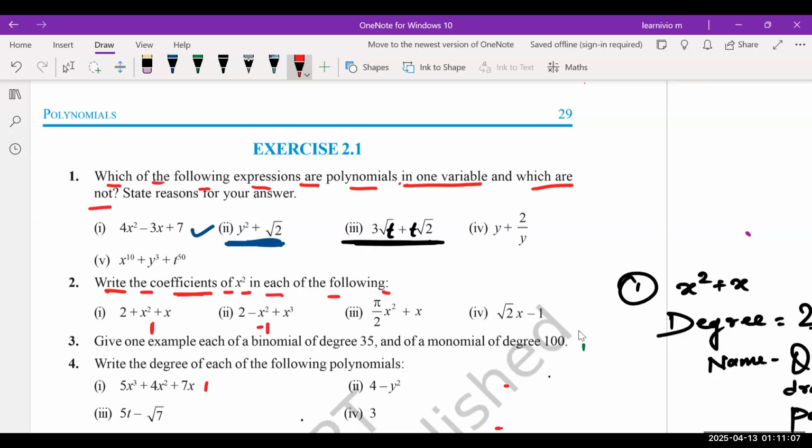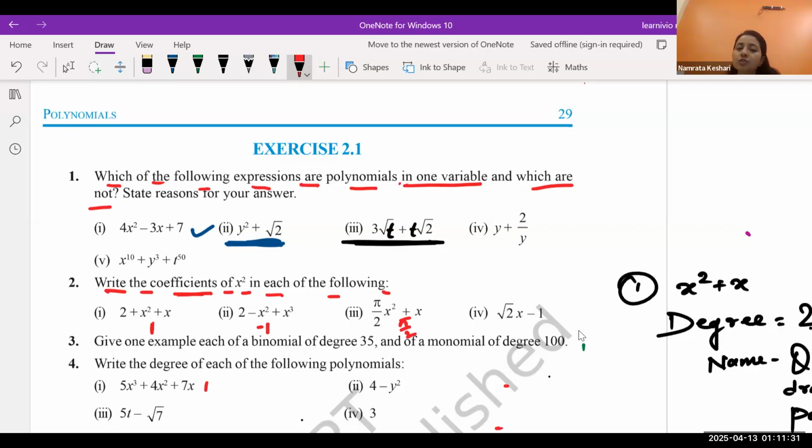Pi by 2. Yes, pi by 2. Okay, pi is just a number. The way we treat other numbers, pi is just a value. 22 by 7, you have used the value of pi previously. And when we have pi by 2, if I show you in a calculator, it's just a decimal number.